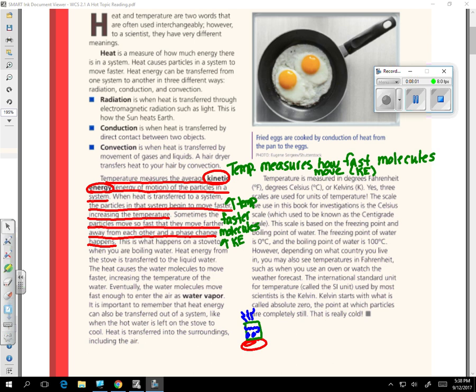So we have another bold word. It's called water vapor. So if you could please circle that. And write in the margin, water vapor is the gas form of water in the air.